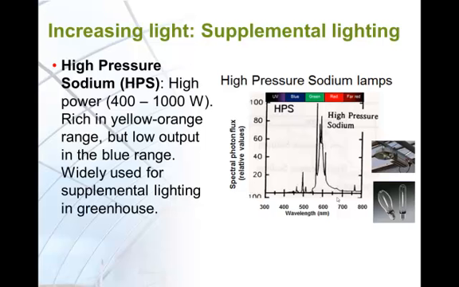And the high pressure sodium lamp is a very high power lamp, so the input power ranges from 400 to 1000 watts. In a greenhouse, having a high power lamp is very important so that the number of fixtures can be reduced, rather than putting so many fixtures overhead.